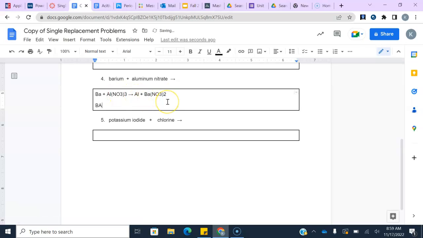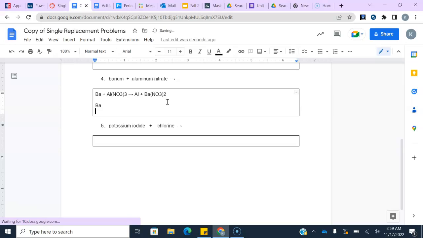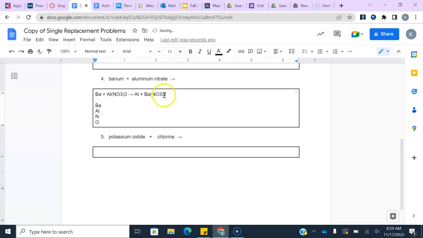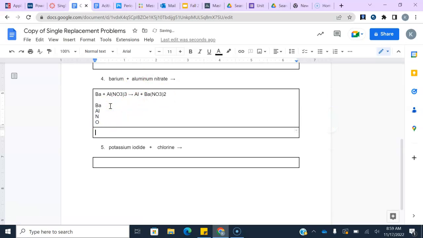Okay, so now let's balance. We have Ba, we have aluminum, we have nitrogen, and we have oxygen.